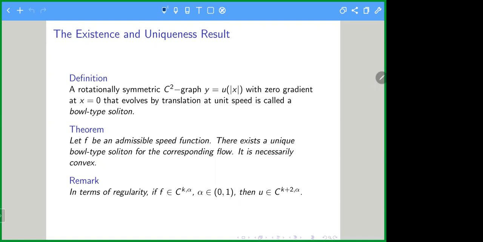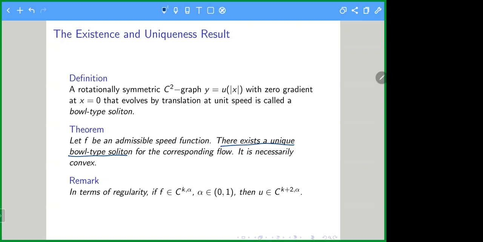What I found is that if you take an admissible speed, as I mentioned previously, with all those nice properties, then you always have a bowl type soliton. The bowl soliton is the name given to the solution of mean curvature flow. So this is something that looks like a bowl soliton, but defined for a general flow, and I call it a bowl type soliton.